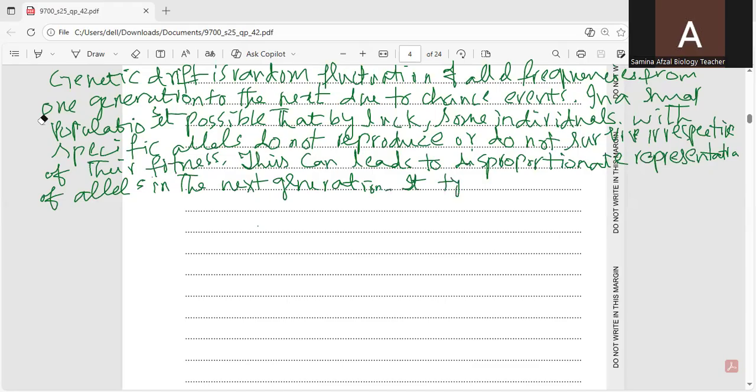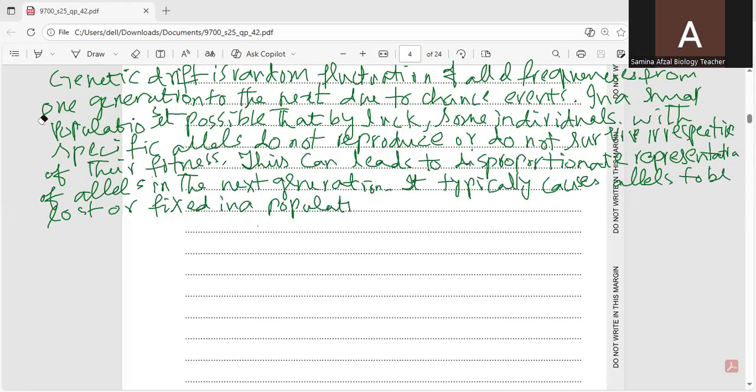It typically causes alleles to be lost or fixed in a population, reducing genetic variation.